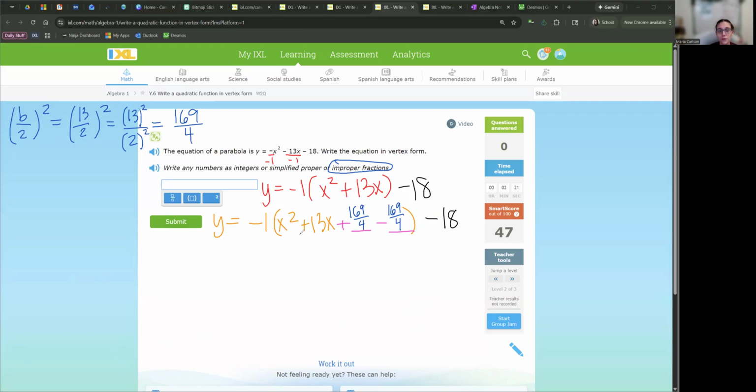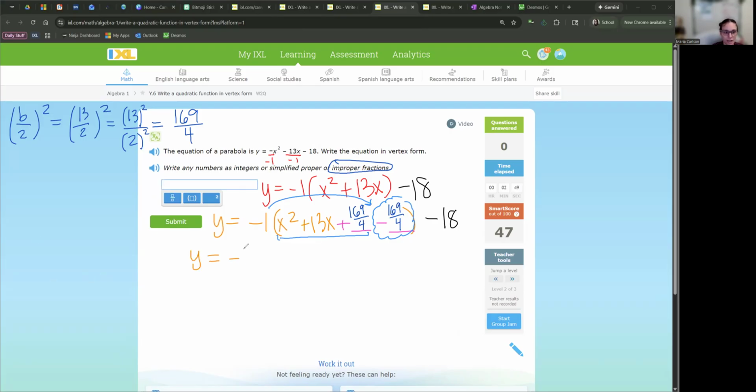And before we focus on the perfect square piece, let's distribute the -1 to this extra 169 divided by 4, the -169 over 4. So that way the -1 is just being multiplied to the perfect square. So whatever is extra needs to be moved outside of it. So I'm going to distribute the -1 to this, and we're just going to leave everything else inside.